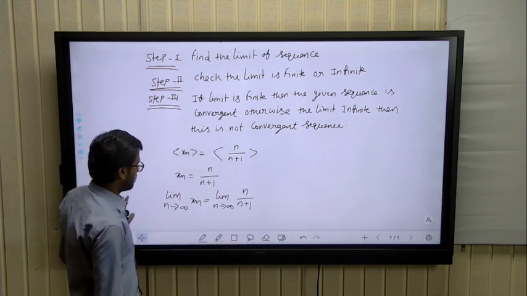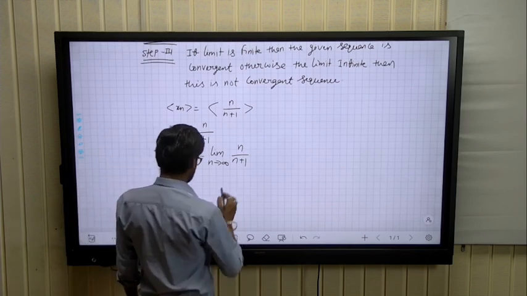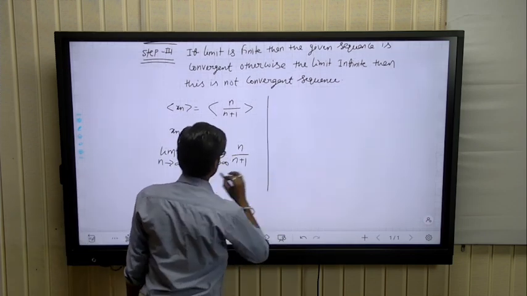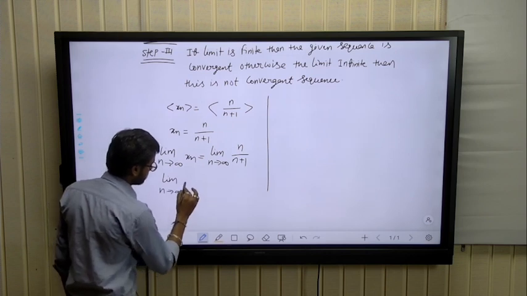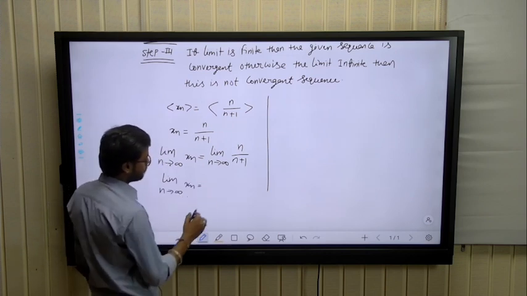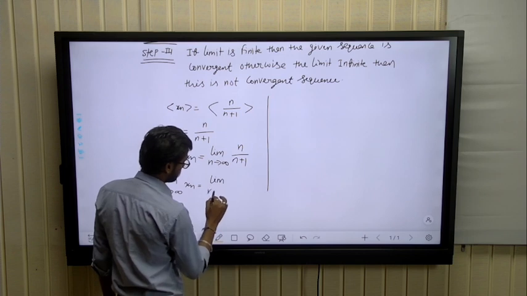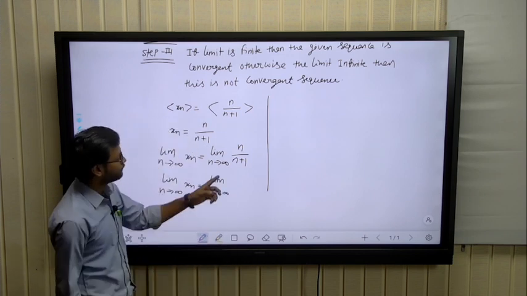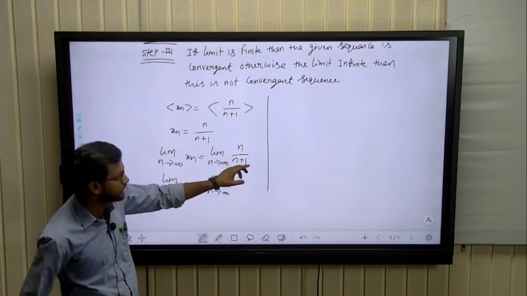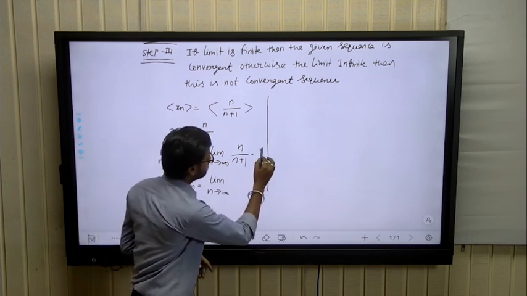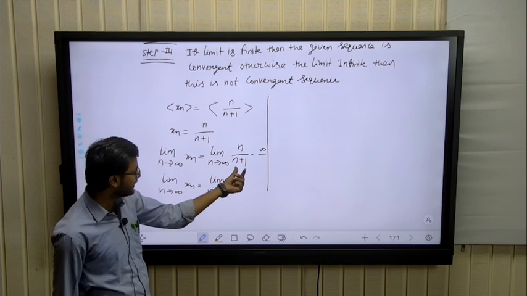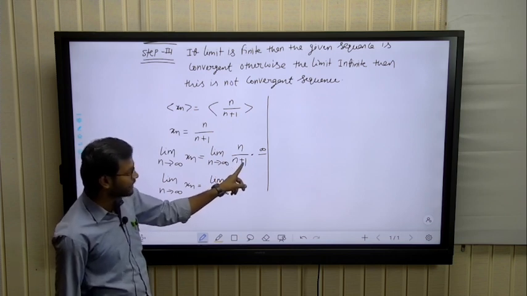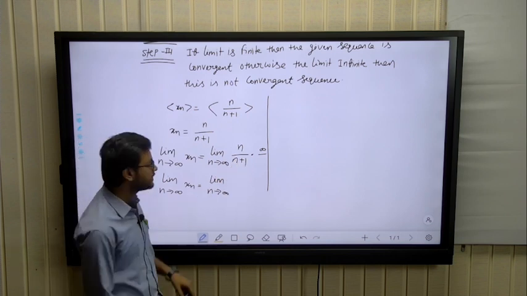Now we solve it. If we put the value of n equal to infinity, the numerator is infinity, and in the denominator infinity plus 1 is infinity.